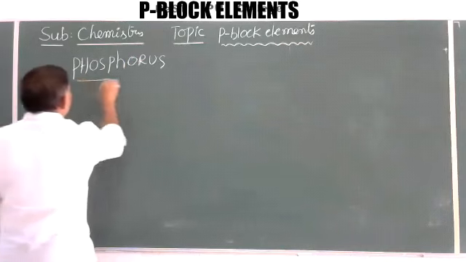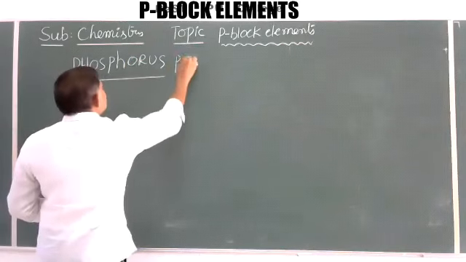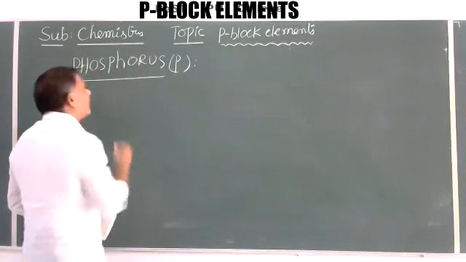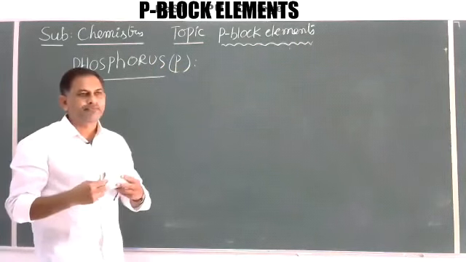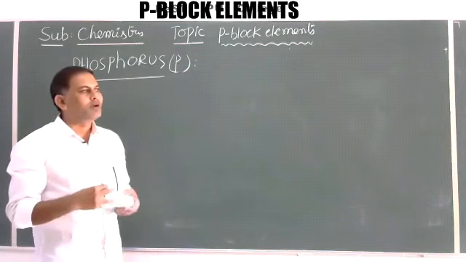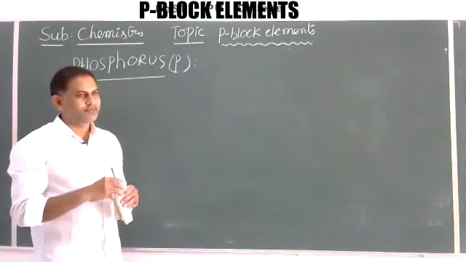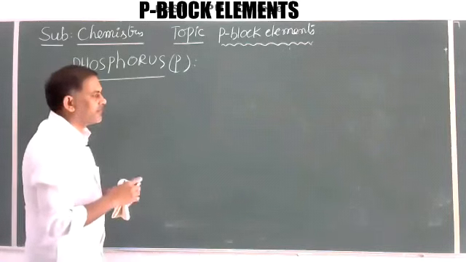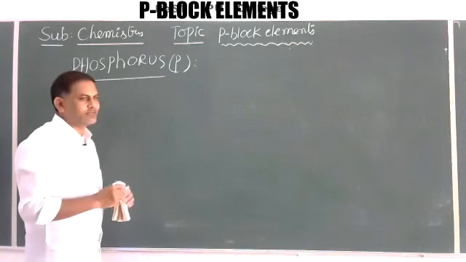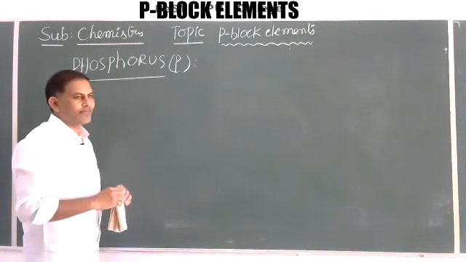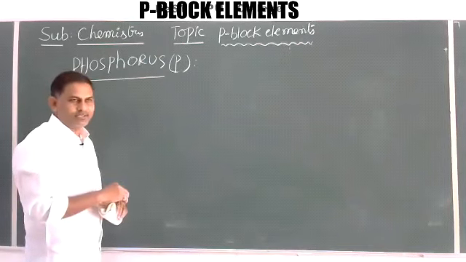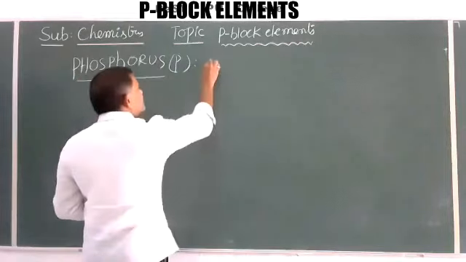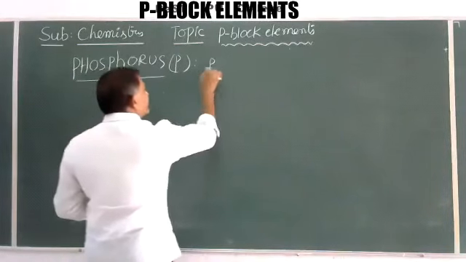We know about phosphorus. This is the second element of 15th group elements. What is the atomic number of phosphorus? Add 8 to 7: 15. Group number and atomic number are the same here. So the phosphorus atomic number is 15.